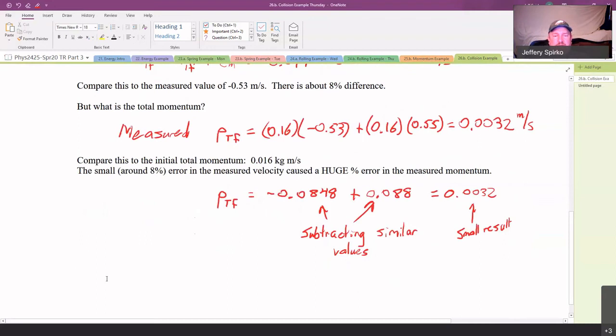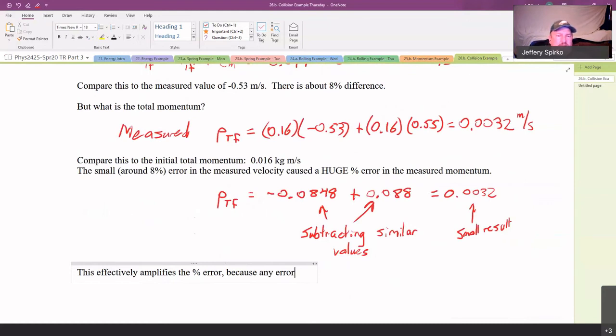And this has the effect of amplifying the percent error, because any error in subtraction is always added.